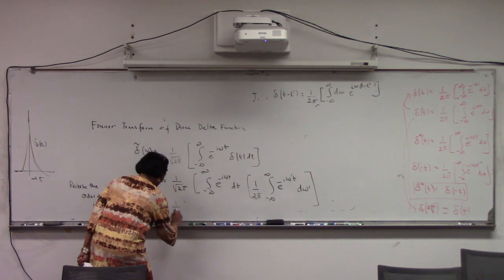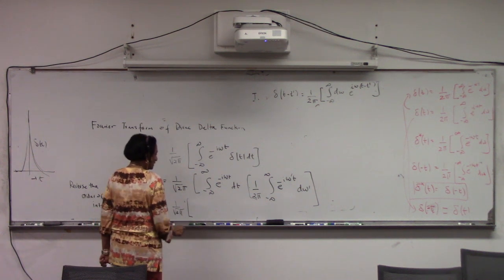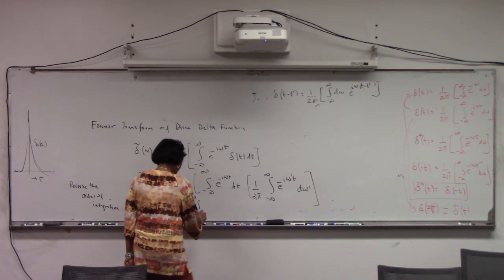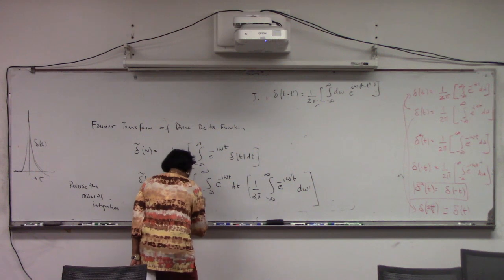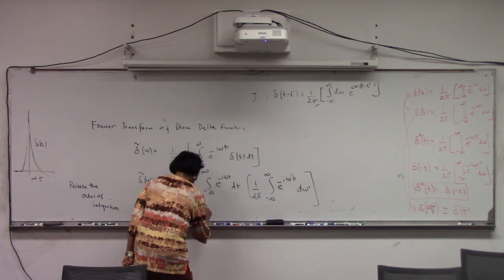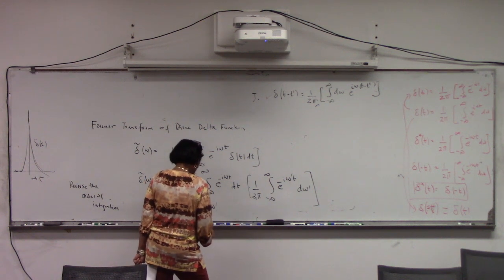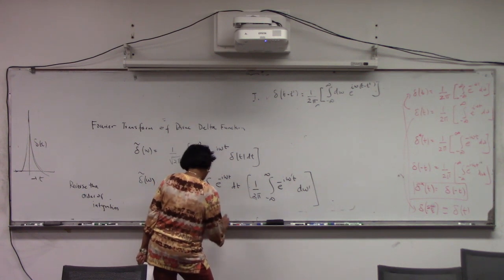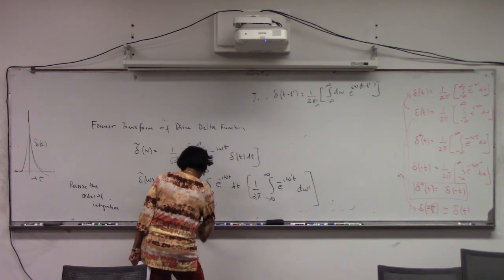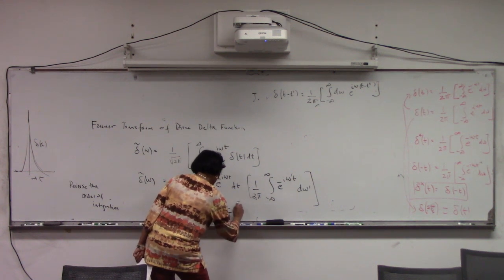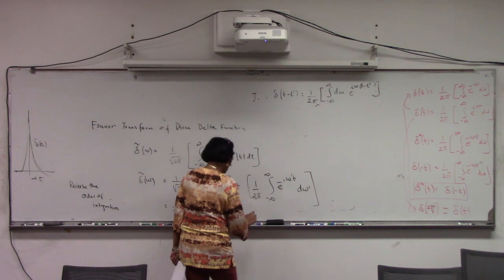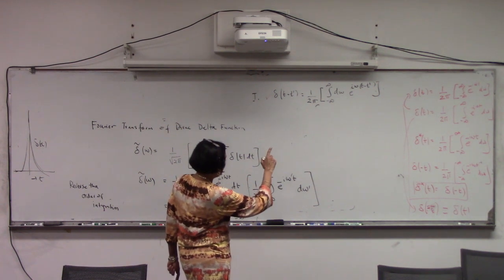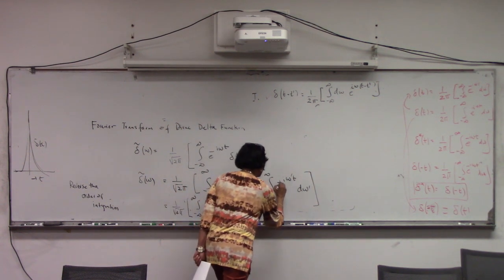So 1 over root 2 pi, integral from minus infinity to plus infinity, d omega prime, and I take the 1 over 2 pi inside the integral from minus infinity to plus infinity of exponential of I, omega prime minus omega, times t, and I have dt.